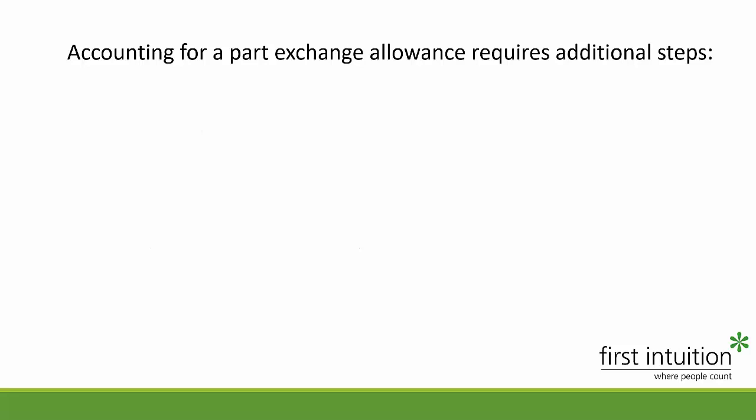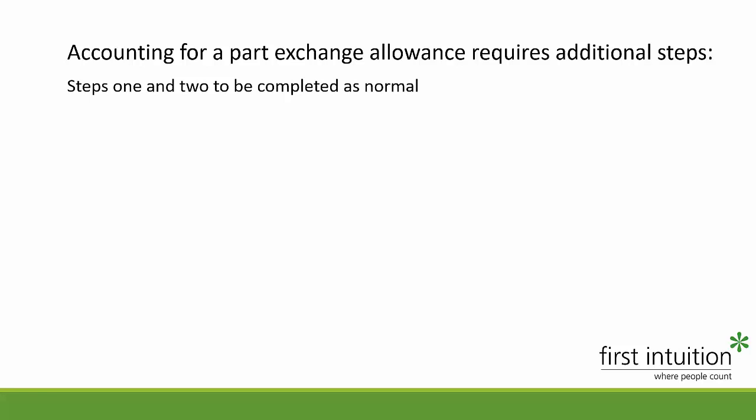And just in case anyone isn't aware, what we mean by part exchange allowance is essentially when we are acquiring a new asset, but as part of that, it's a mixture of cash and the part exchange of another asset. So for example, you might go and buy a new car, but you will use your old car as part exchange to get some funds towards the new car that you're buying. So it's the exact same train of thought that we can apply here.